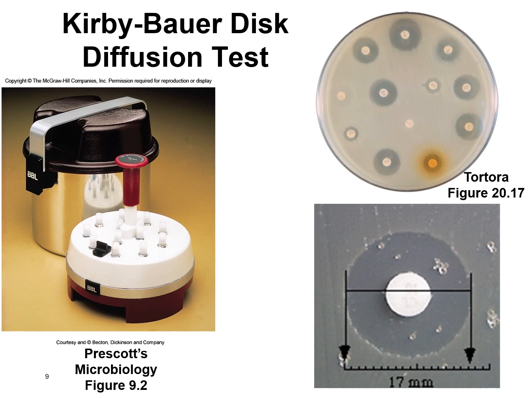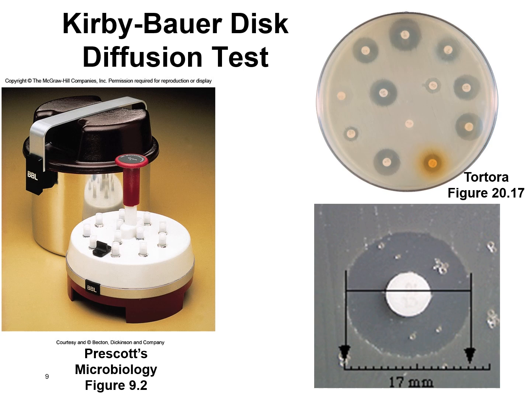We'll incubate this for 24 hours and then come back and measure the zone of inhibition, the clear area around each disc. And the larger that zone of inhibition is, the lower the MIC is, and the better that antibiotic is going to work.